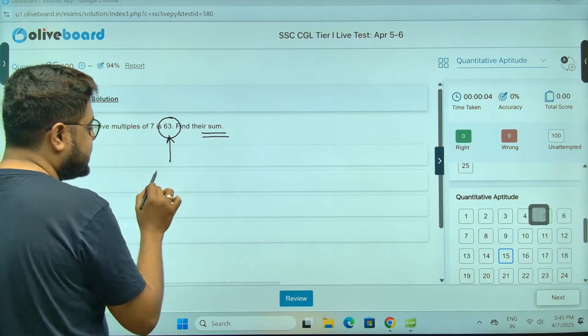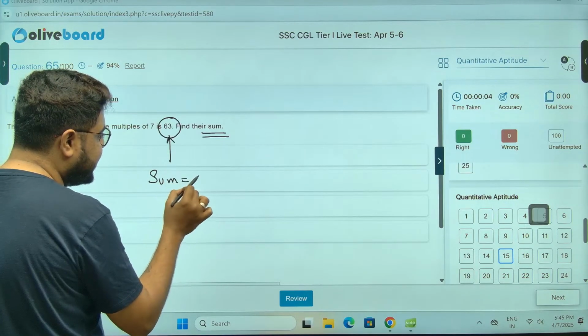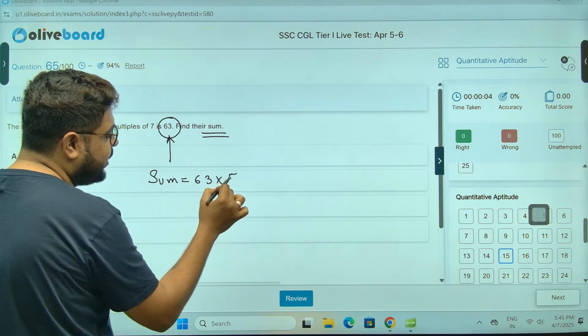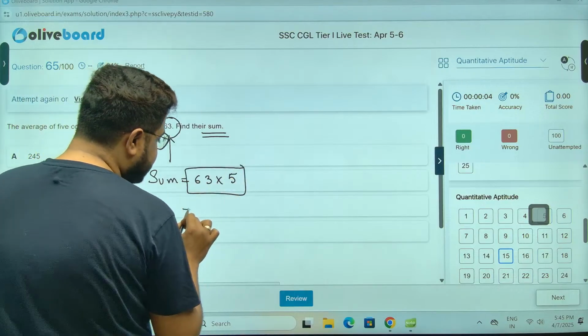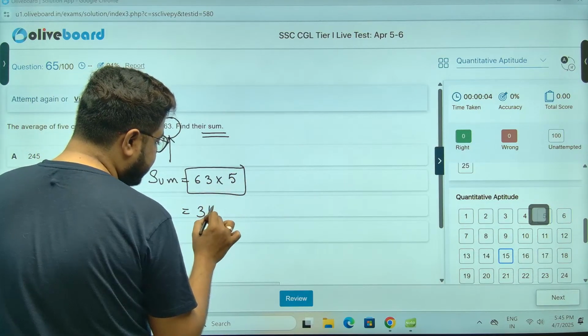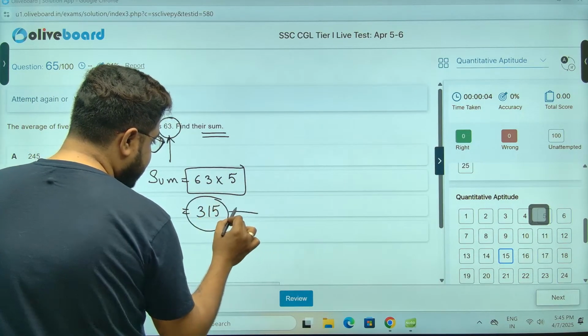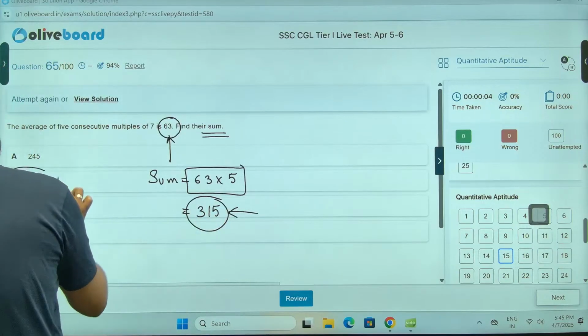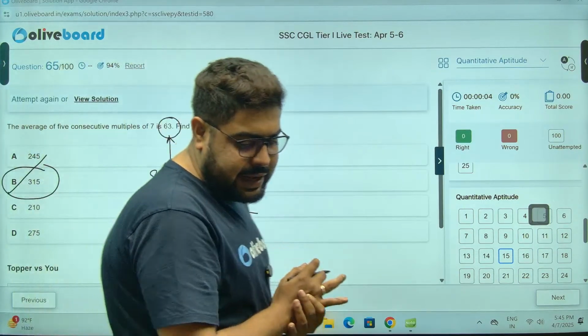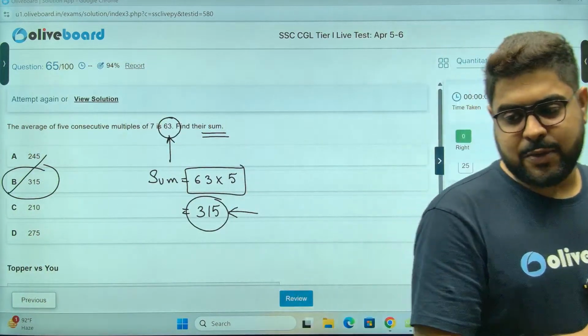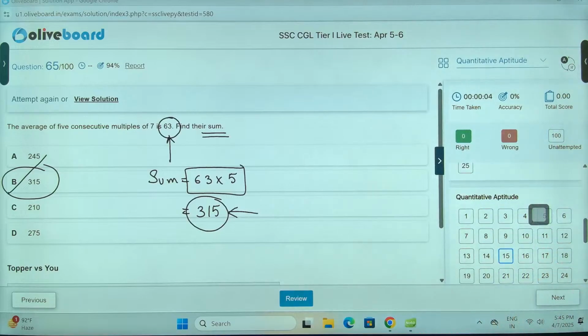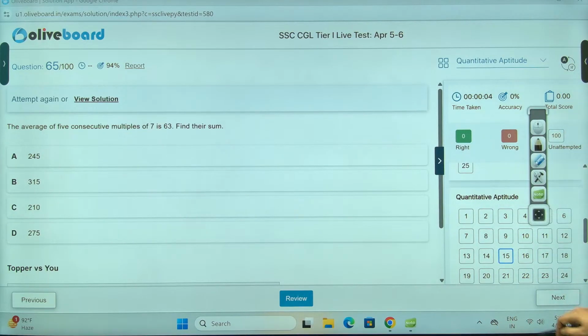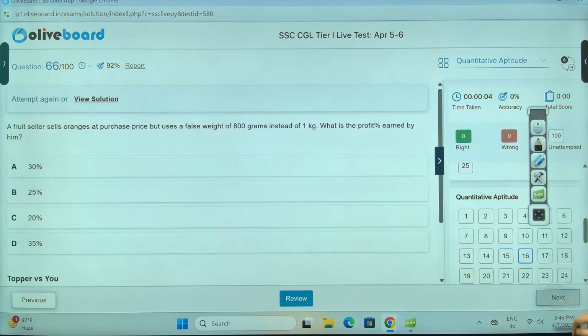Sum they are asking, sir, sum will be equal to average into number of numbers, 5. 5 6s are 30, so 300, 3 5s are 15. Sir, can there be any question easier than this? There cannot be a question easier than this. Option B is the answer.